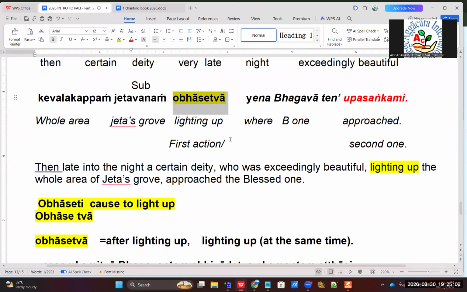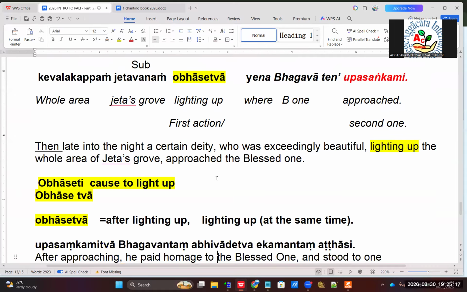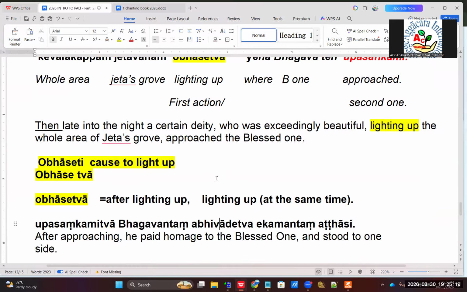He lit up first, or he approached the Buddha, or he approached the Buddha and lighting the place together. All right. So it means that this Upasankamitva with the gerund has two actions. Either it means after lighting up is the first action: he lit up and he approached the Buddha.